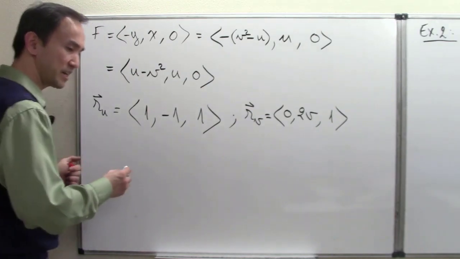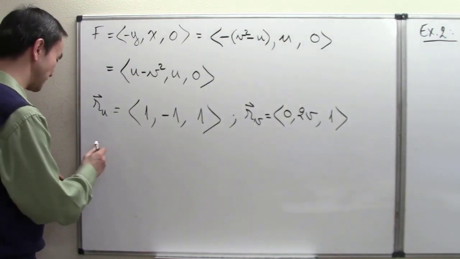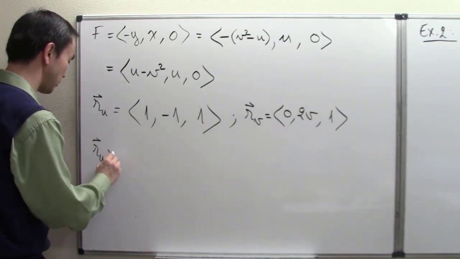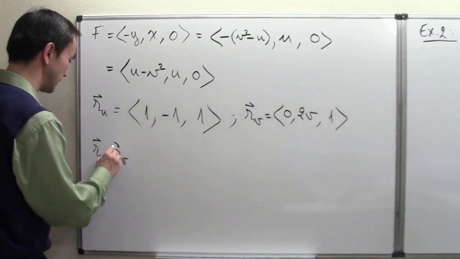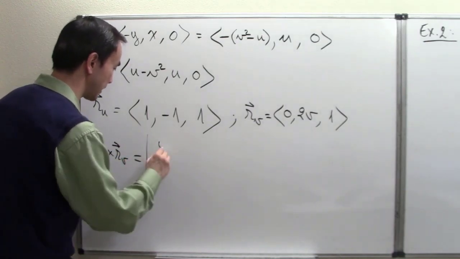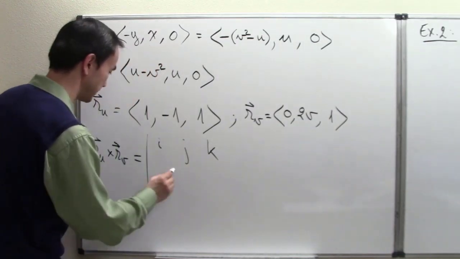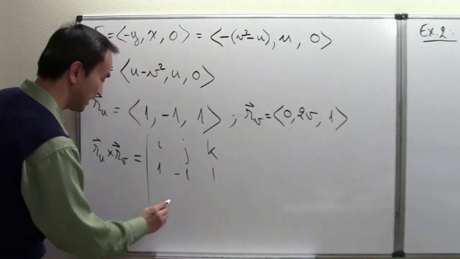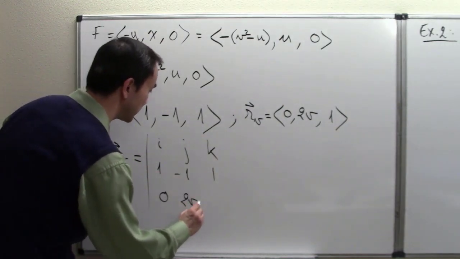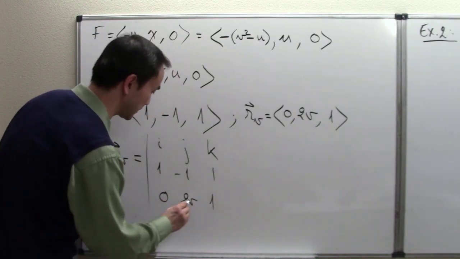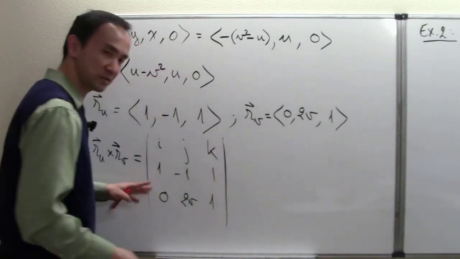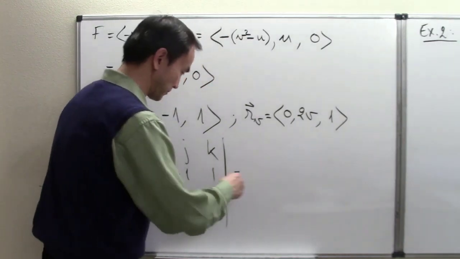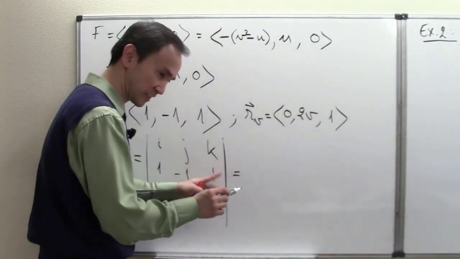And so now let's take the cross product. r sub u cross r sub v is the determinant of i, j, and k, with r sub u placed first: 1, negative 1, 1, and then 0, 2v, and 1. Expanding out this determinant, we arrive at the normal vector, not the unit normal vector, just the normal vector.